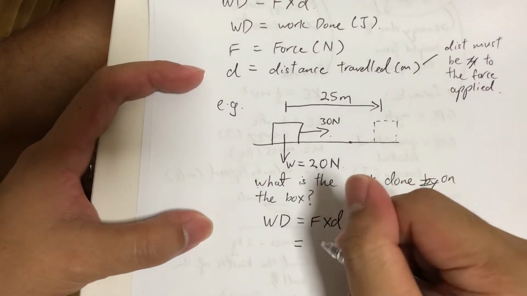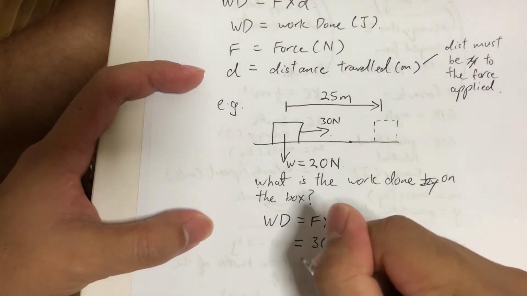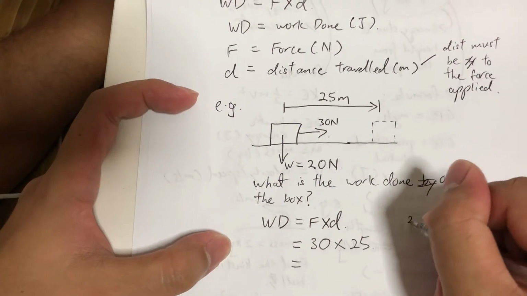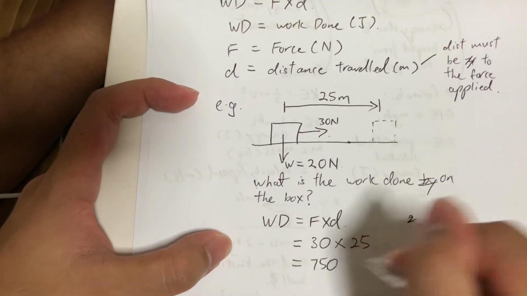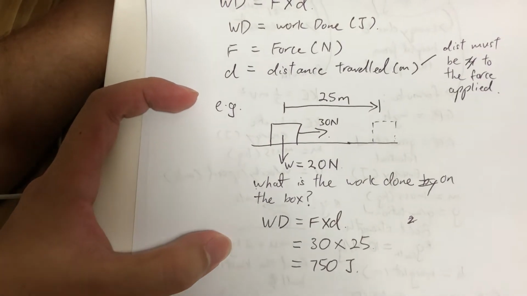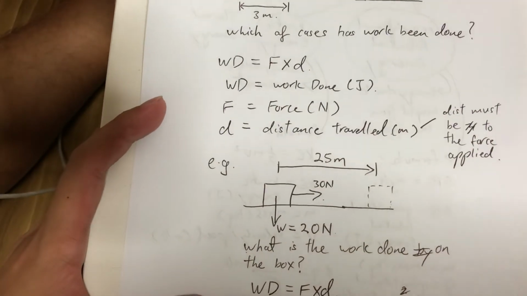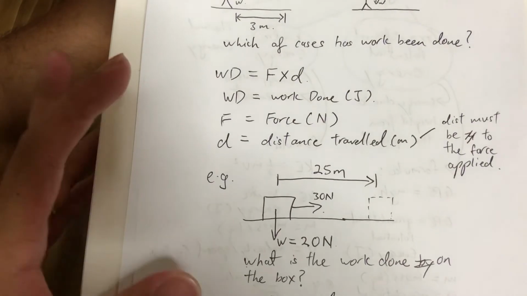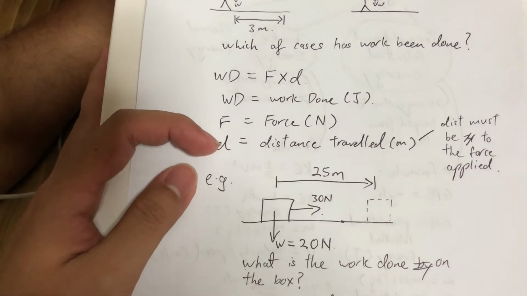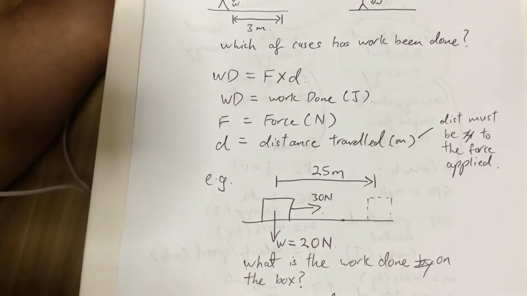So we need 30 multiplied by 25, which gives 750 joules. Any problems? Just think back about what work done is: the formula F times D, where D is very special, the distance that is parallel to the force being applied.